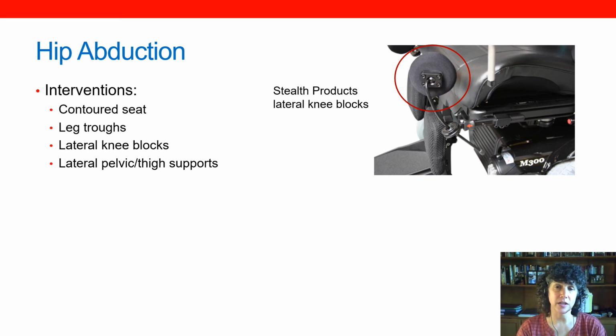If that's not enough, we can also add on external supports like this lateral knee block. Sometimes a block or support lateral to the hips or to the thighs may be adequate as well. This particular one swings out of the way for transfers if it's in the way of that activity.